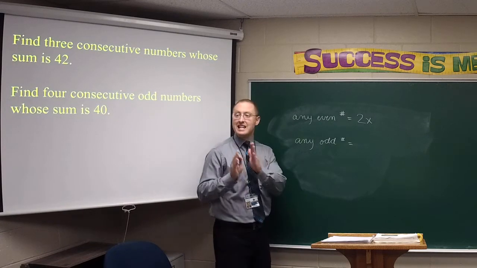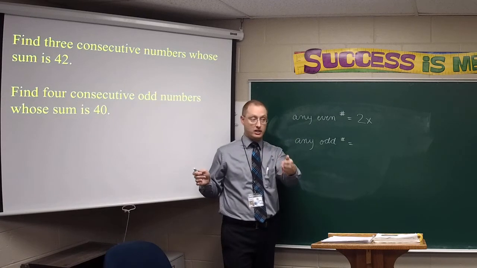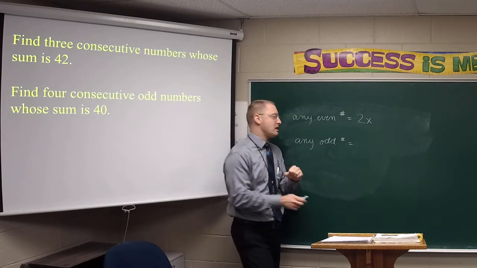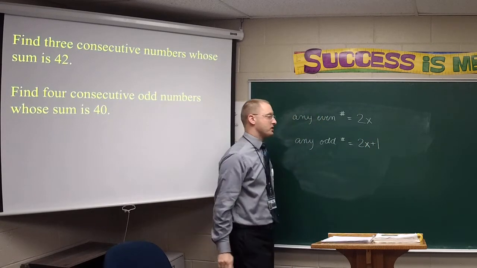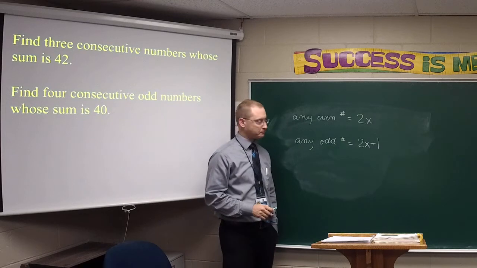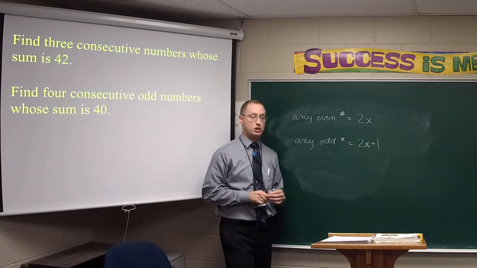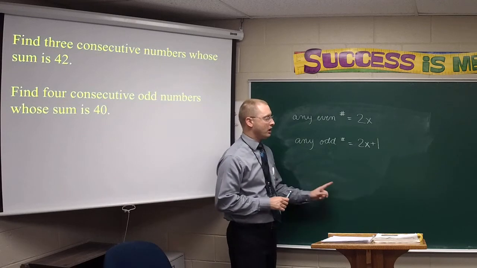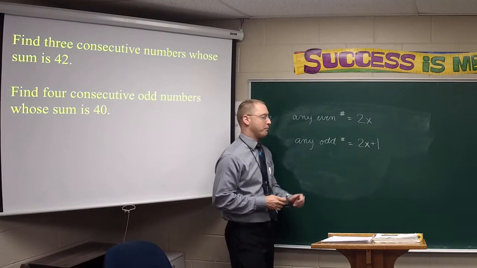But if you take any even number, I don't care what even number it is, 64 for instance, and add 1, you're guaranteed an odd number, right? Because odd numbers are always 1 more than the previous even. So write this in your notes that any odd number could be represented 2x plus 1. Make sure you have these statements in your notes. Any even number, 2x. Any odd number, even plus 1. You're guaranteed odd at that point.